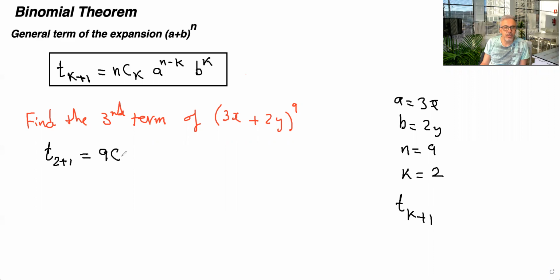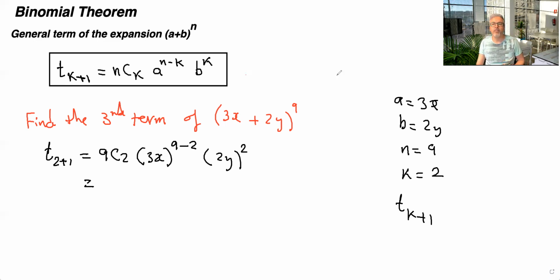Now, since we identified all our terms, we go ahead and write t(2+1) equals n, which is 9, choose 2, a, which is 3x, to the n minus k, so 9 minus 2, and then b, which is 2y, to the k, which is 2. Now, 9 choose 2 gives me 36. And then 3 is going to be to the power of 7.